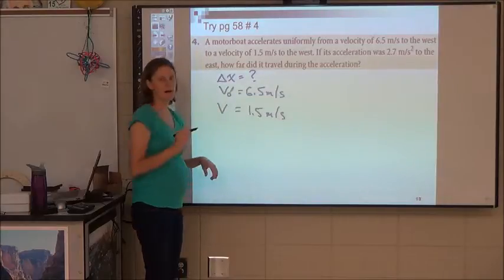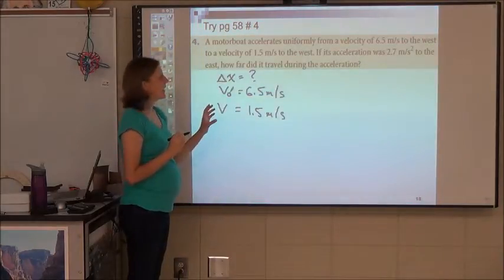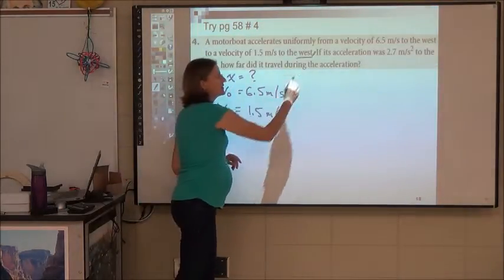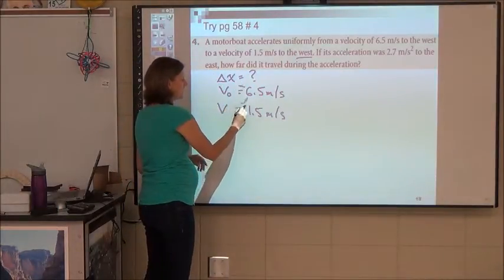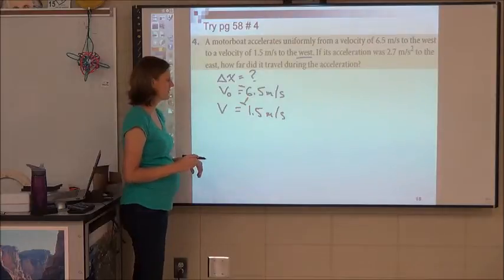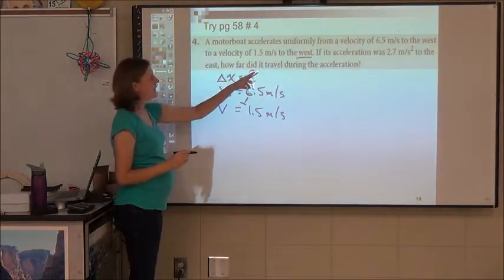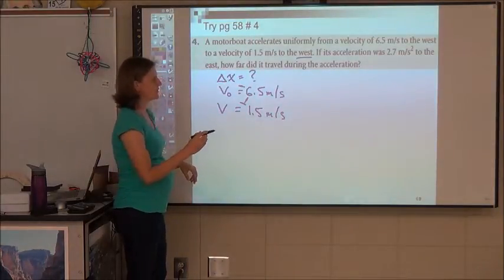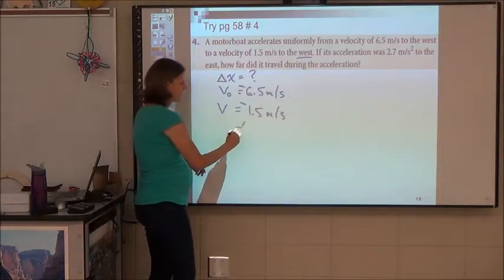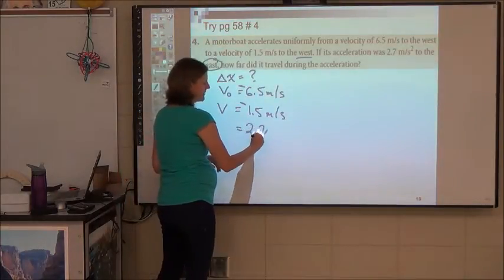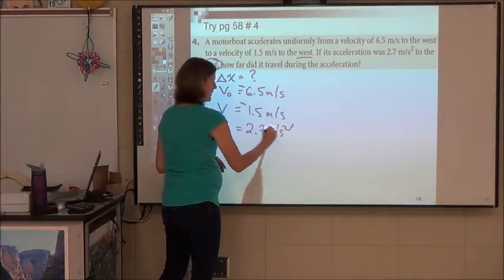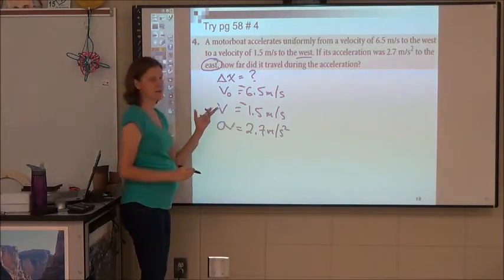I'll put the little v naught there. Now, they're also both west, so I'm going to call those negatives. Negative 6.5, negative 1.5. Lastly, its acceleration is 2.7 meters per second squared east. Okay, so east, that's going to be positive. I'm just going to leave that at 2.7. That is the A, that's the acceleration.